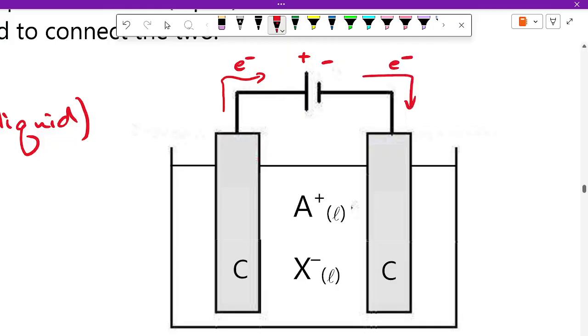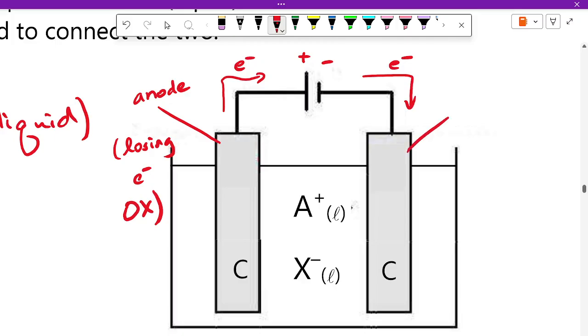And if they're going that way, this must be the anode because it's losing electrons. And this must be the cathode because it's gaining electrons.